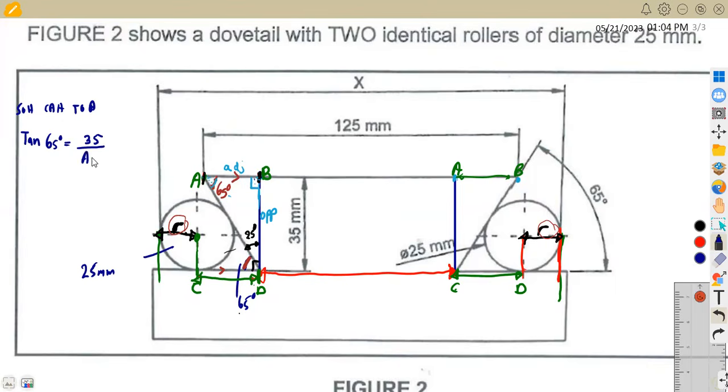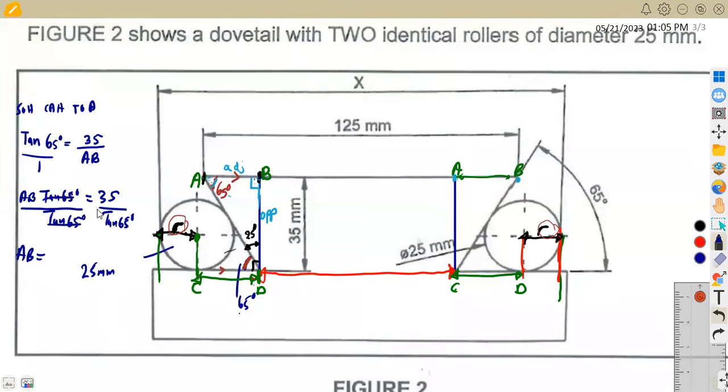So we can calculate AB. All right, so cross multiply, that's AB tan of 65 degrees is equal to 1 times 35, which is 35. So to determine AB, simply divide by the tan of 65 both sides. So we've got our AB in this case.